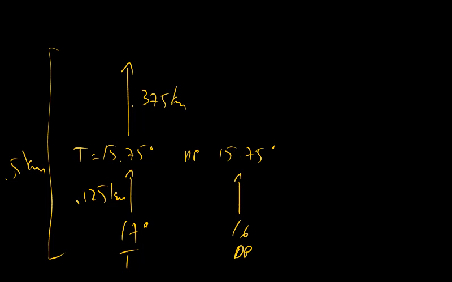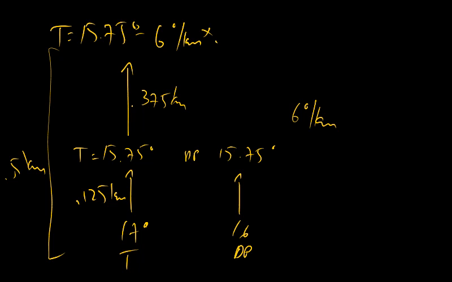At this point, we're going to cool at the saturated rate, 6 degrees per kilometer. And so now the new temperature at the top will be 15.75 degrees minus 6 degrees per kilometer times 0.375 kilometers. So 15.75 minus 6 times 0.375 is 13.5 degrees.